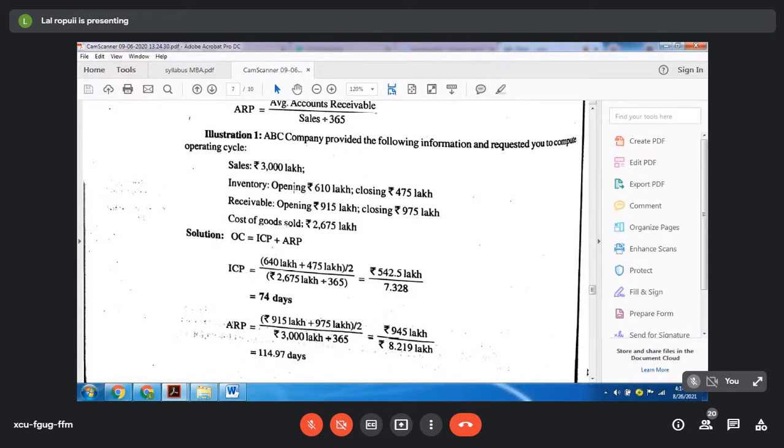Opening inventory is rupees 610 lakh, closing is rupees 475 lakh. Accounts receivable opening is 915 lakhs and closing is 975 lakhs. Cost of goods sold, the cost you have incurred for making production, is rupees 2,675 lakhs.